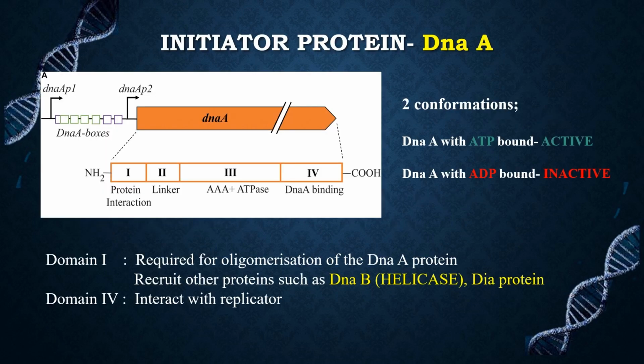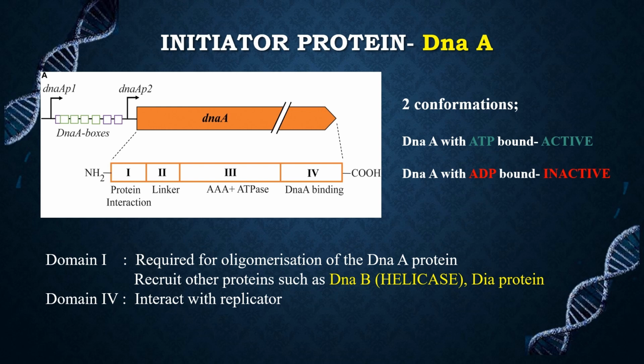The initiator protein in prokaryotes is called DnaA, which has four functional domains. Domain 1 is required for oligomerization of the DnaA protein. Also, it recruits other proteins such as DnaB, that is helicase, and DiaA protein, that is DnaA initiator association protein.